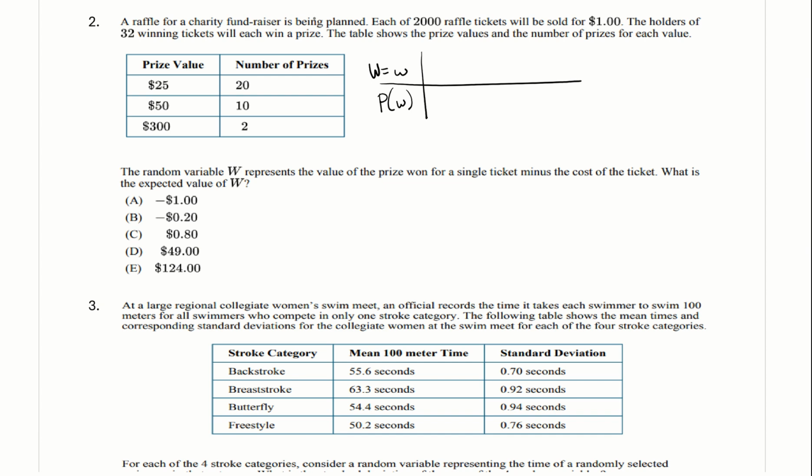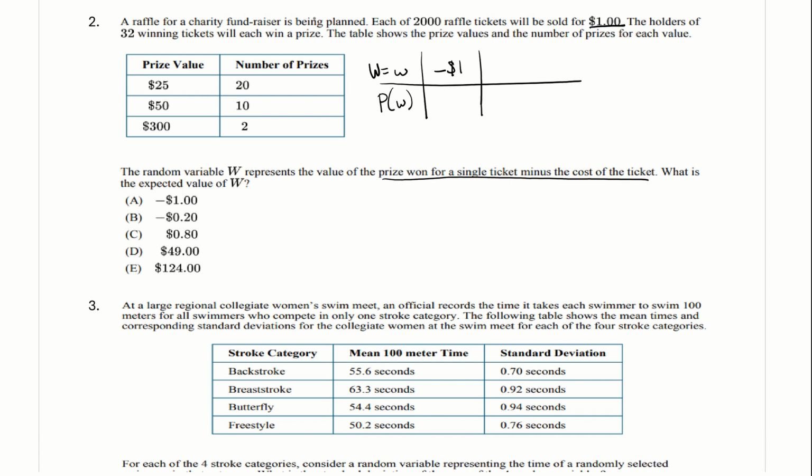We have the possibility of getting no prize, but then paying for the cost of the ticket, right? And the cost of the tickets are $1 each. So remember, it's the prize won minus the cost of the ticket. Now, if they didn't win a prize, then that's $0 minus the cost of the ticket. So that's negative $1, right?